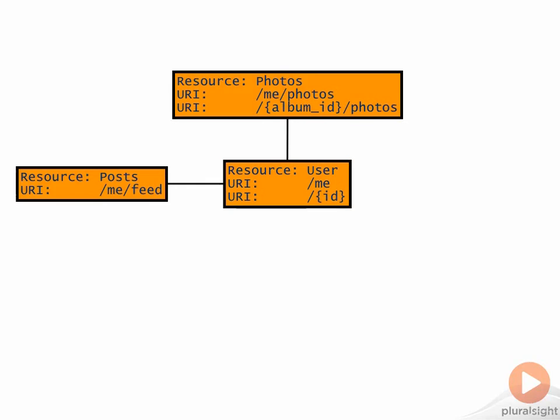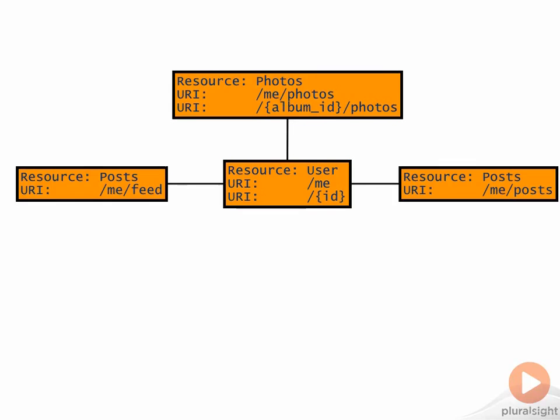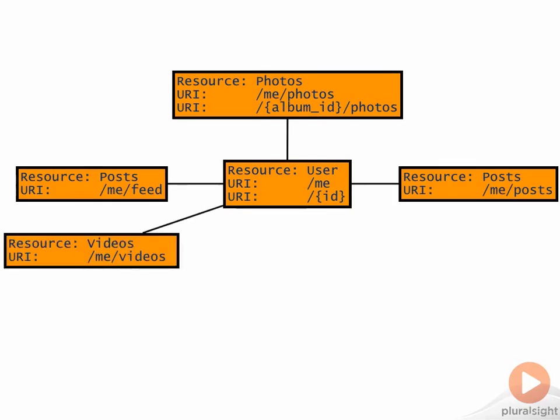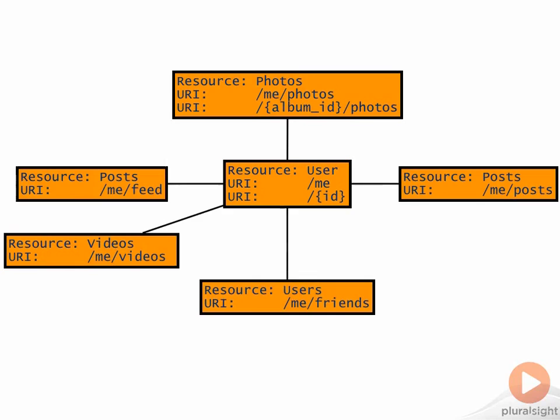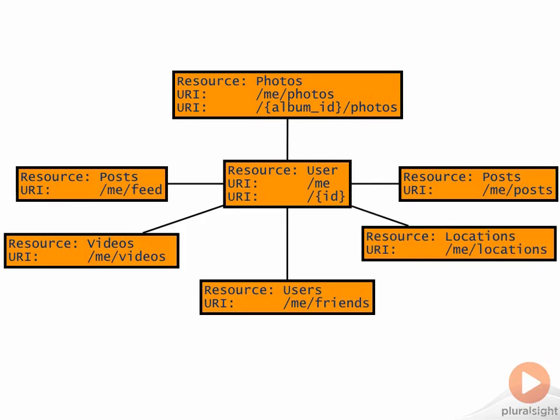So posts that the user has put on Facebook can be found at /me/feed, as well as /me/posts. /me/videos shows me my videos, or the user's videos in this case. /me/friends. /me/locations, so locations I've been. Now again, this is not an exhaustive list, but it centers around the user.